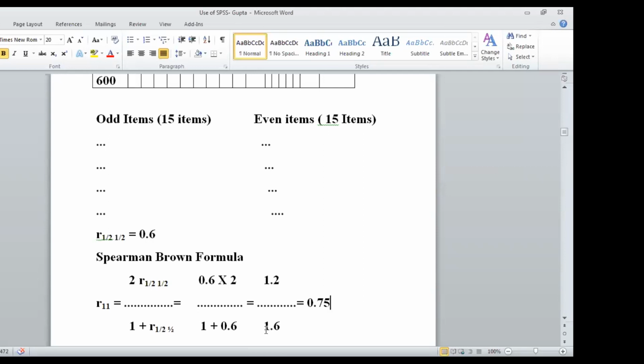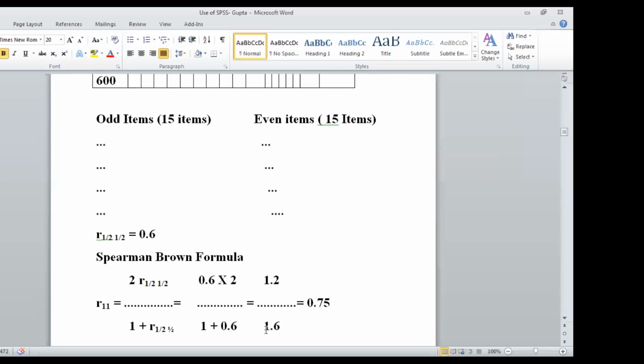But items must be equal in number. But if you have an odd number of items, then test-retest reliability method will be quite appropriate, because it doesn't require the number of items to be even.